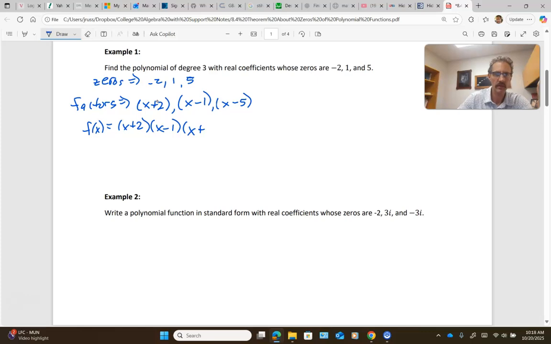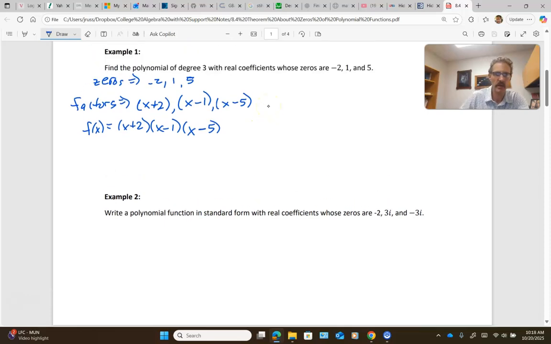Oops, now that should be minus. Yeah, there we go. And so what we'll do to find this polynomial, or at least to express it in standard form, is we need to actually multiply these factors together.